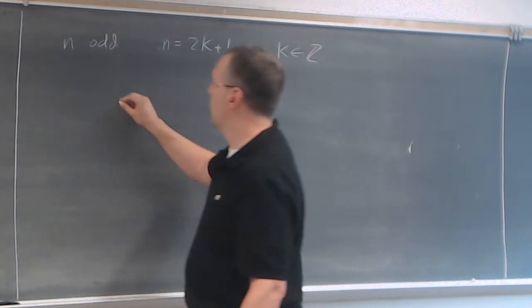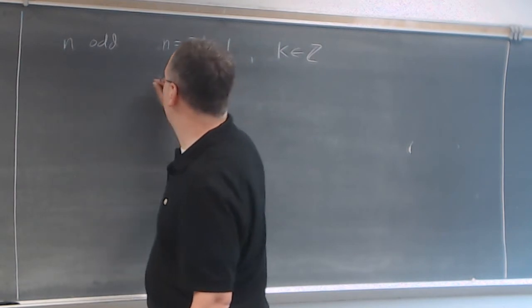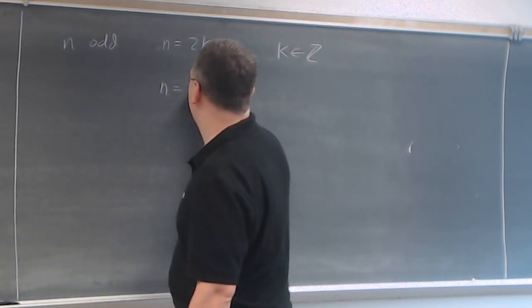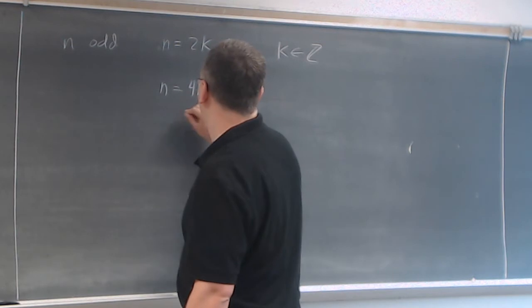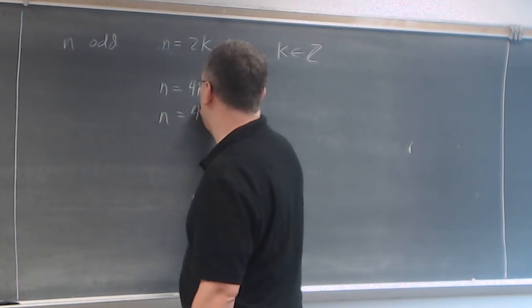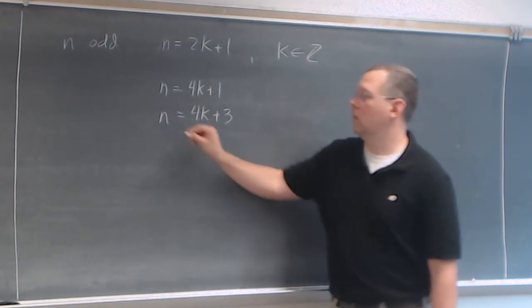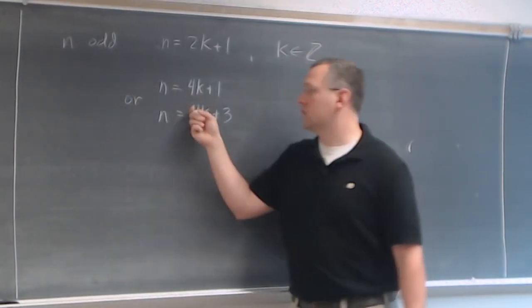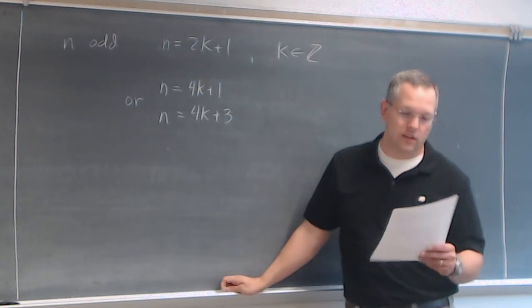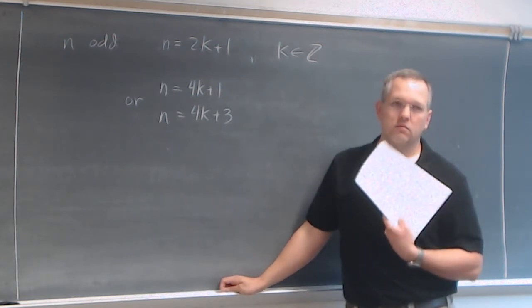So what I did, I said, well, if n is odd, then n has to be either 4k plus 1, or n is 4k plus 3. If you use those cases, when you square them, it's a lot easier to see that they're 1 mod 8.